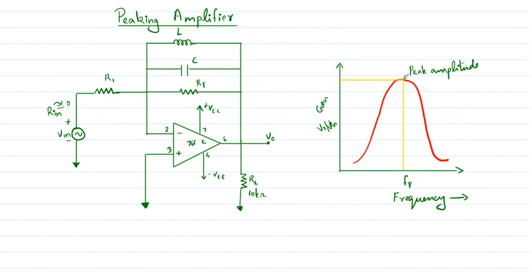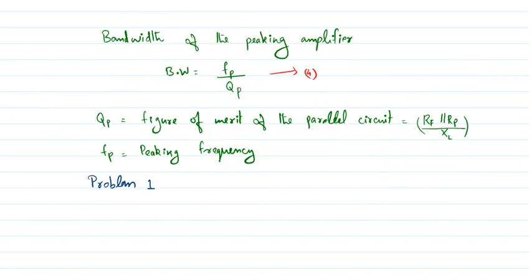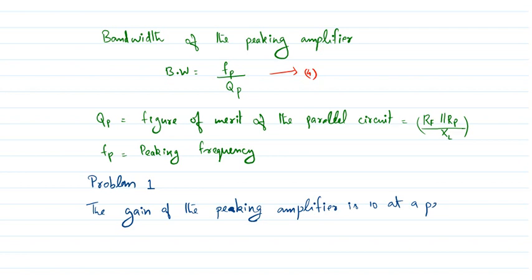The gain of the peaking amplifier is given at a peak frequency of 16 kilohertz.